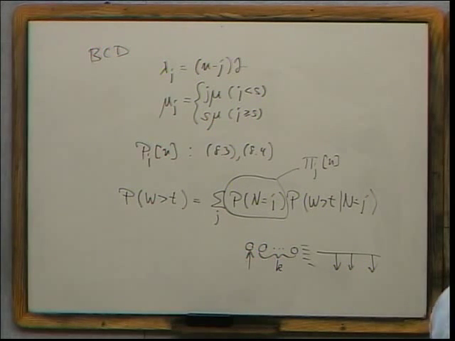So there's a lot of algebra involved here, but it's interesting to write down what the answer is because it has a nice form. So we're at equation 810 in the book.